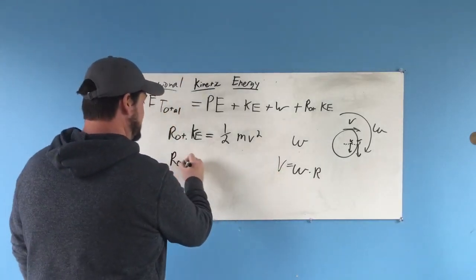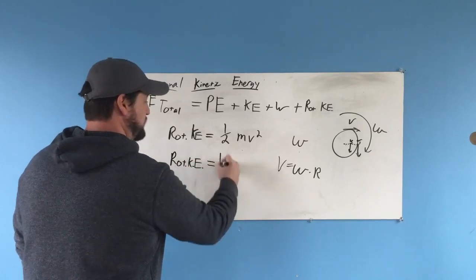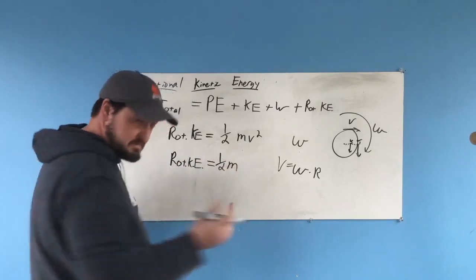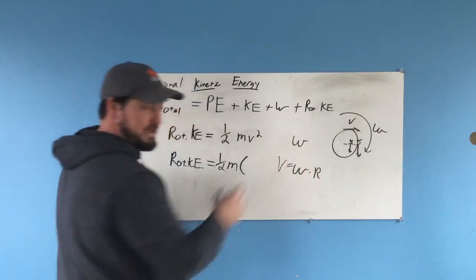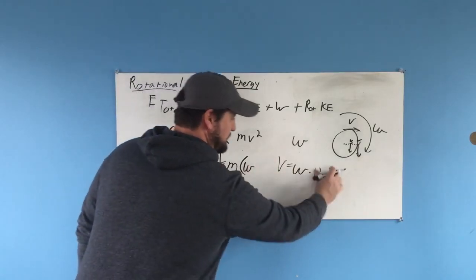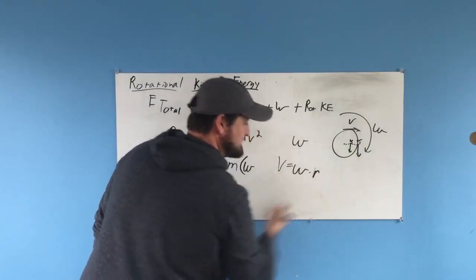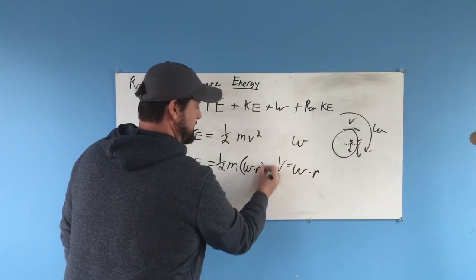So for rotational kinetic energy, we have 1/2, mass still exists, that didn't go away, but instead of v, I'm going to put in omega times r, or omega times our radius. And in fact, I know you guys like when that radius is a lowercase r, right? That's what you're familiar with. Omega times radius, okay?